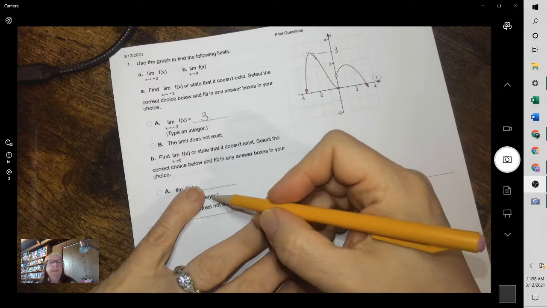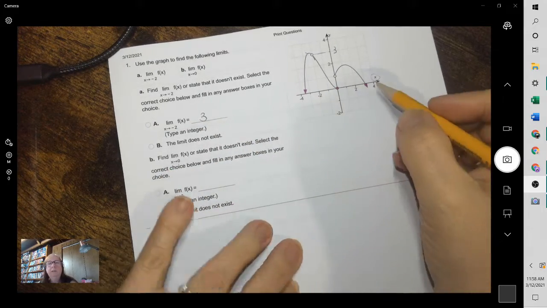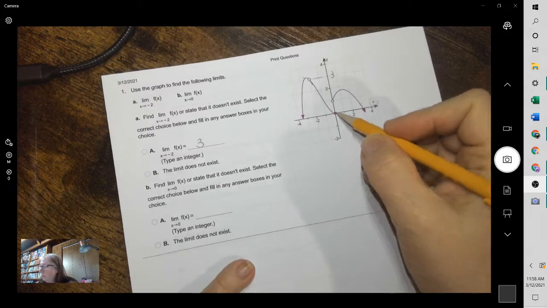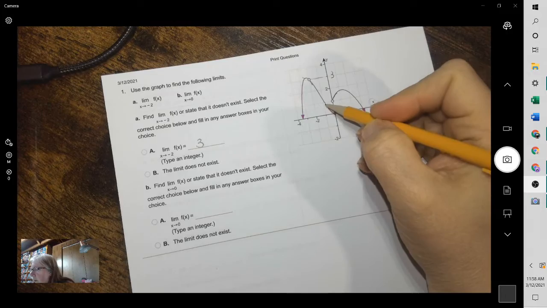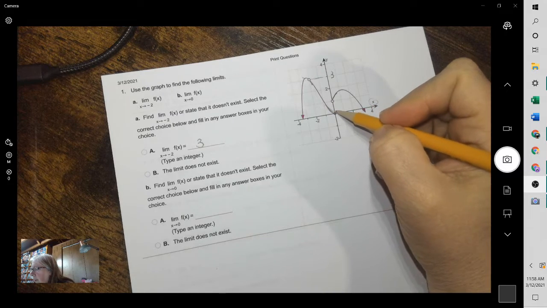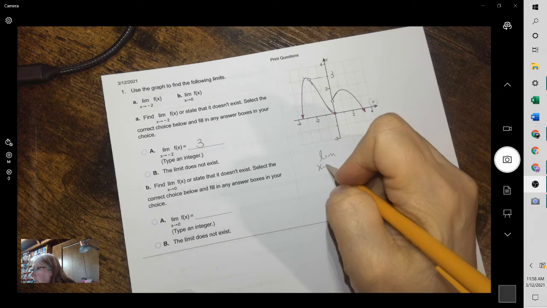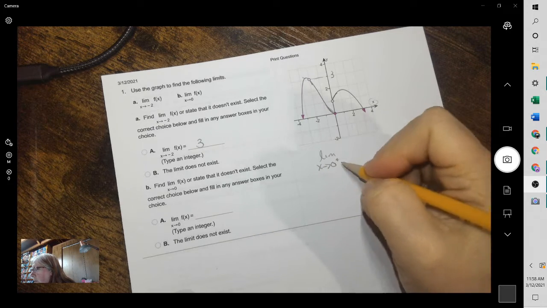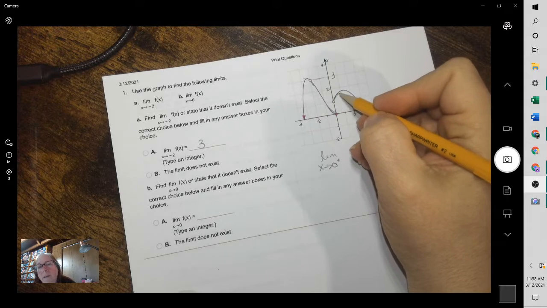If we look at this one, we're looking at x approaching 0. So x is 0 here. Notice over here it's coming in at 1, and over here it's coming in at 0. So that means the limit as x approaches 0, plus sign means from the right, it's coming in this way.